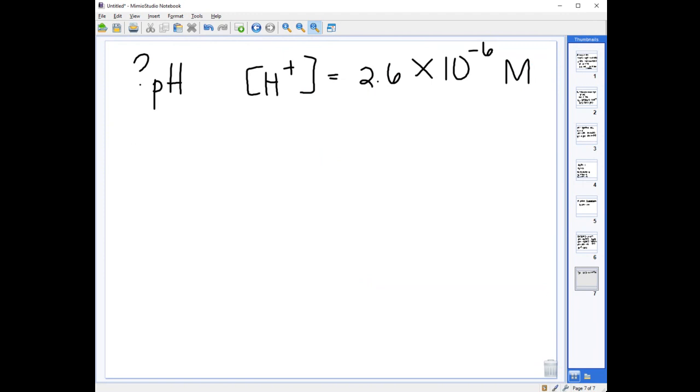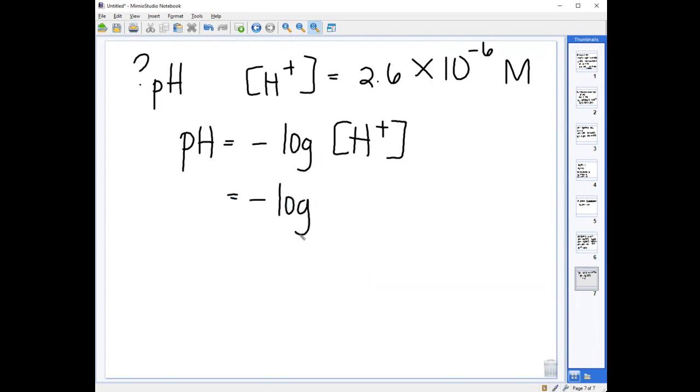So we're just going to figure out what is pH when H is equal to 2.6 times 10 to the negative 6. Well, we know that pH is equal to the negative log of the hydrogen ion concentration. So I'm going to say negative log 2.6 times 10 to the negative 6.